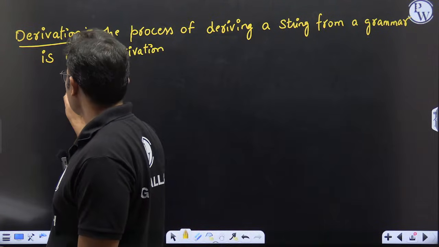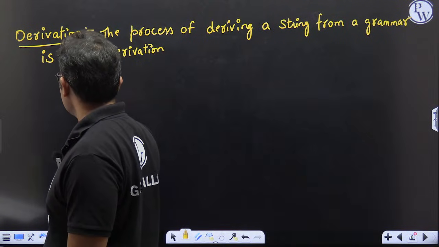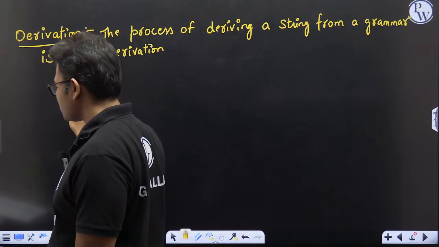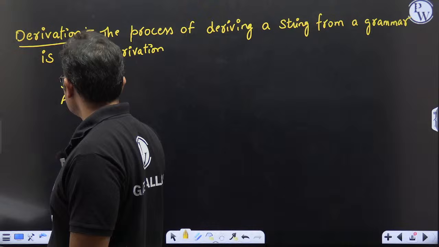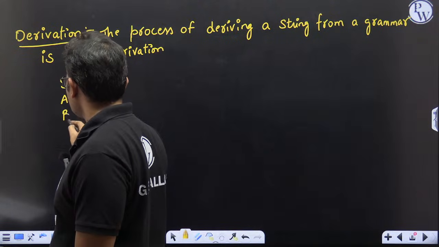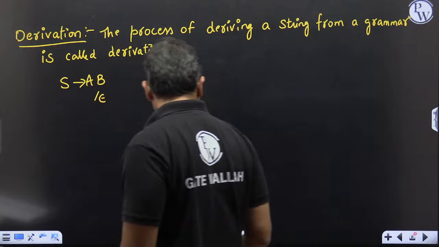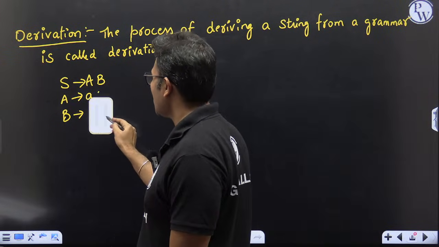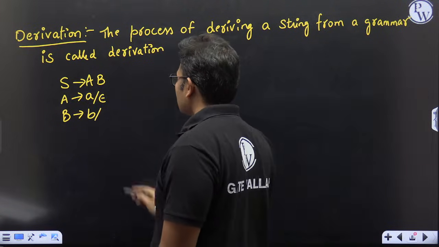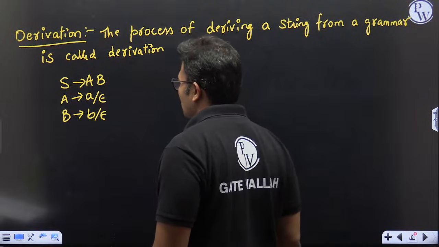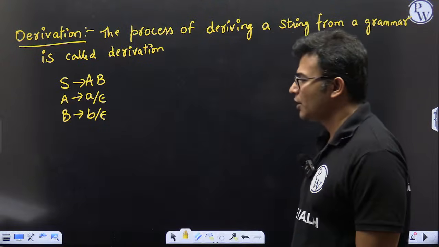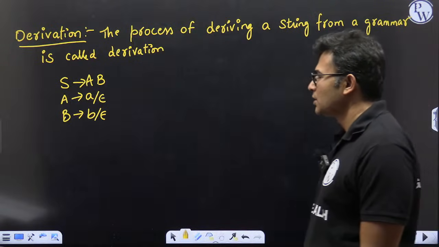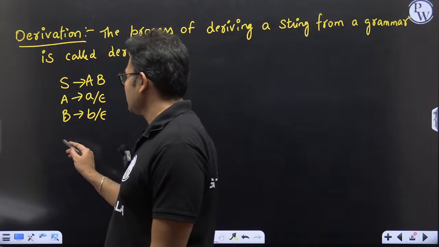For example, if we have something like this, S derives AB, A derives a or epsilon, B derives b or epsilon. Then what is derivation?